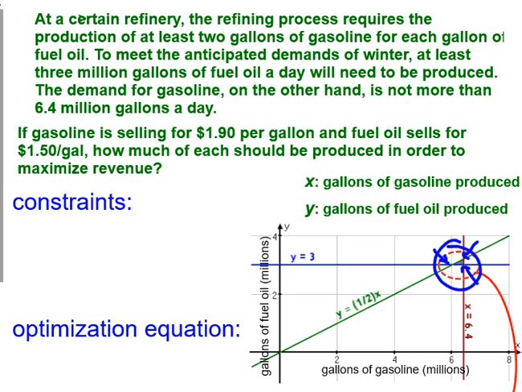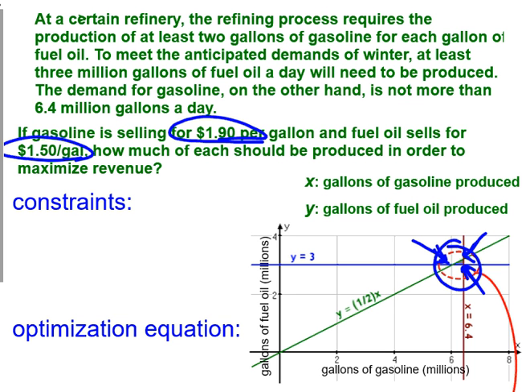And here, it looks like we're trying to sell gasoline and fuel oil. And so this is, again, costs. And our optimization equation would be based on what they tell us. We'd figure out which of the corners optimizes the situation, which is always the most profit or the lowest costs.